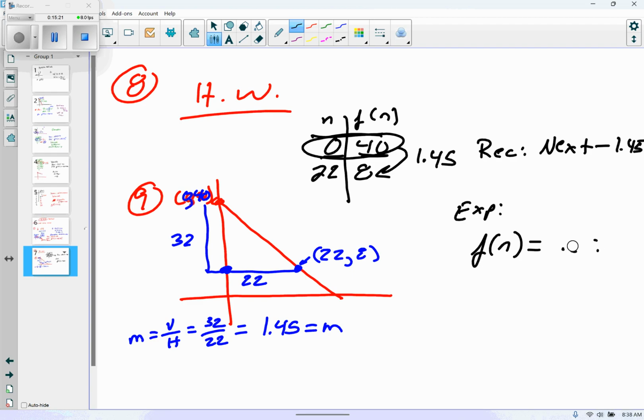I made a mistake, I went backwards, I'm sorry. Being this is my growth factor, I'm going to go 1.45, and it's negative, times n plus 40. That's my equation. So for our domain, we didn't talk about that yet. So this would have been continuous because it's a straight line that's drawn for us.